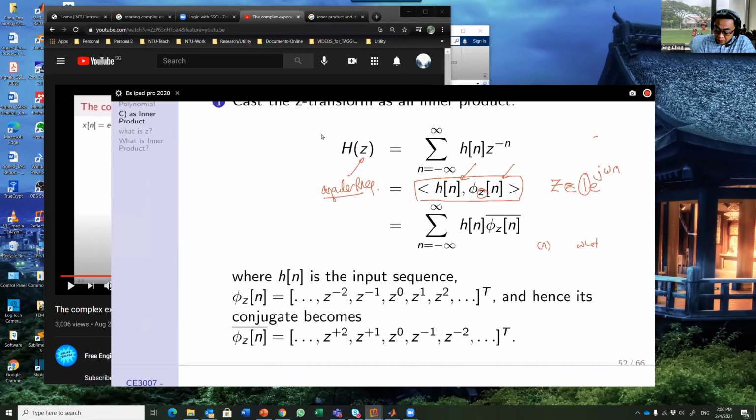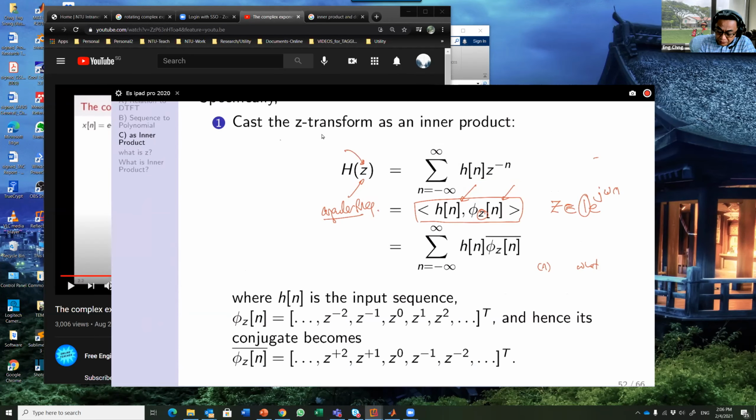Typically, for discrete time Fourier transform, z is on the unit circle, meaning we are only interested in z that belongs to 1, the magnitude, e^(j omega), for omega equals 0 to 2 pi.